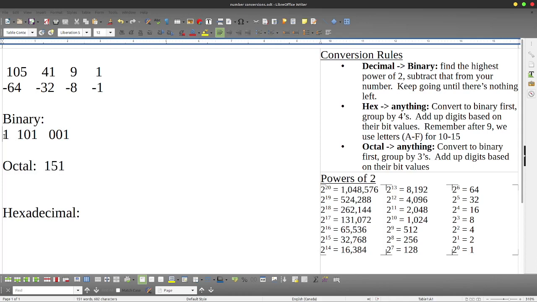We can put in the leading zeros just to make it a little bit easier. So in octal, or base 8, it's 151. And appropriately, we should put something representing that this is a base 8 number.